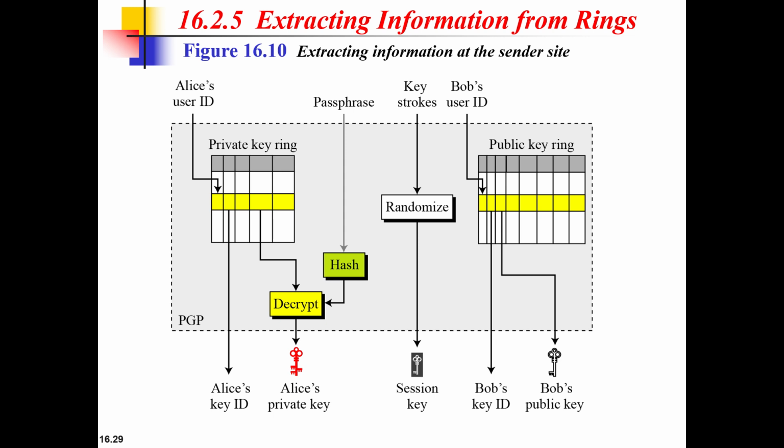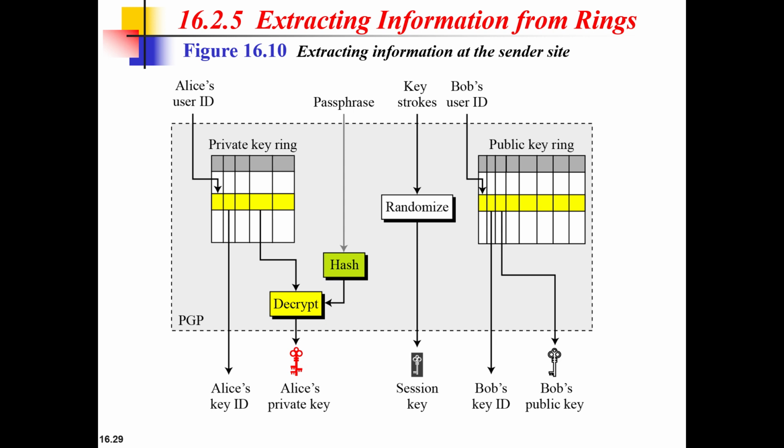To obtain these 5 pieces of information, Alice needs to feed 4 pieces of information to PGP. First, her user ID for her email. Second, her passphrase. Third, a sequence of keystrokes with possible pauses. And fourth, Bob's user ID. Alice's public key ID, which is to be sent with the message, and her private key, which is to sign the message, are stored in a private key ring table.